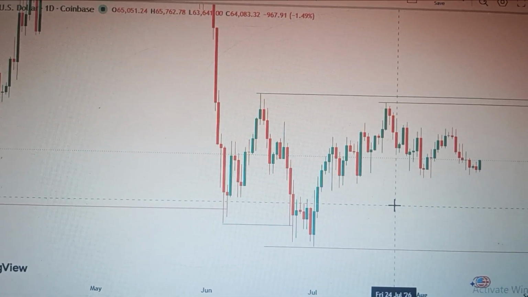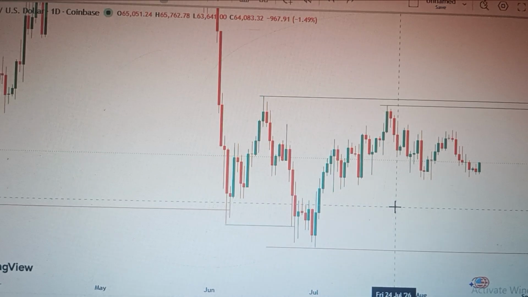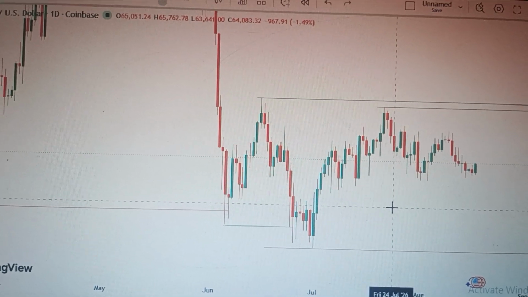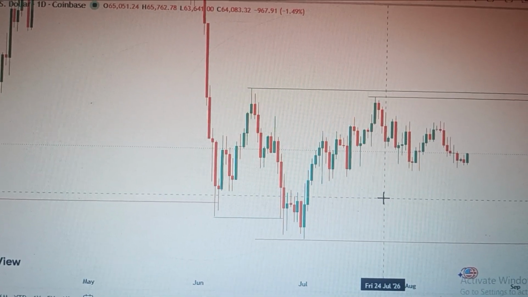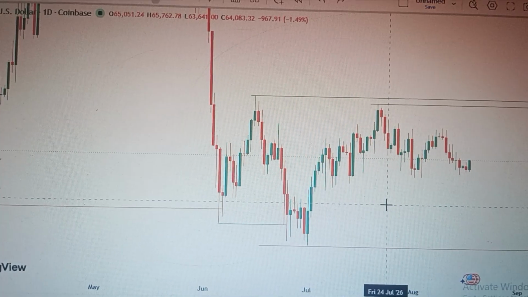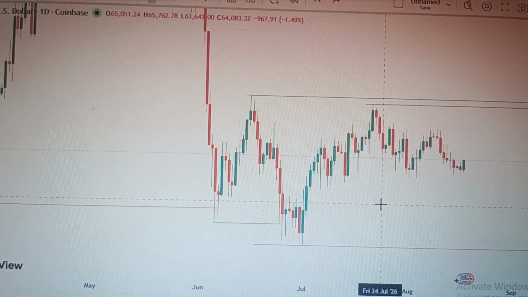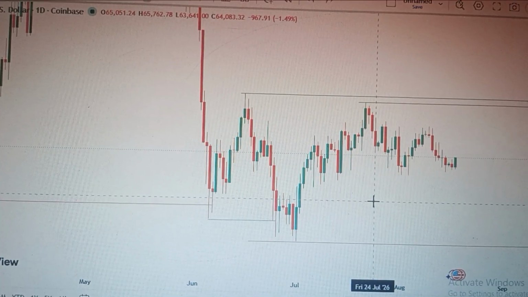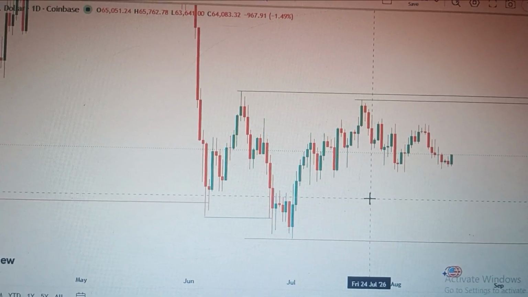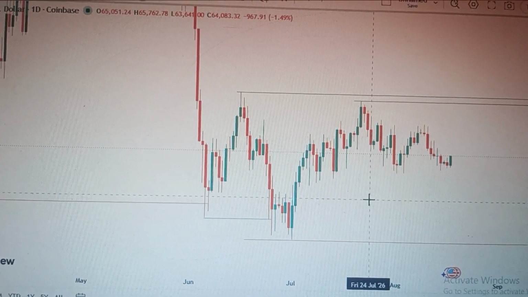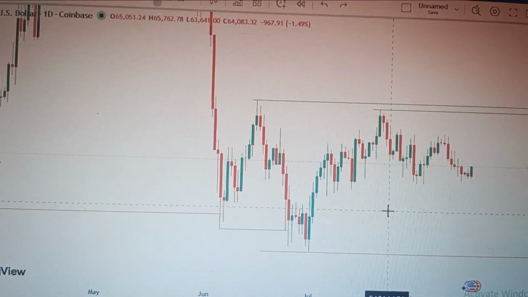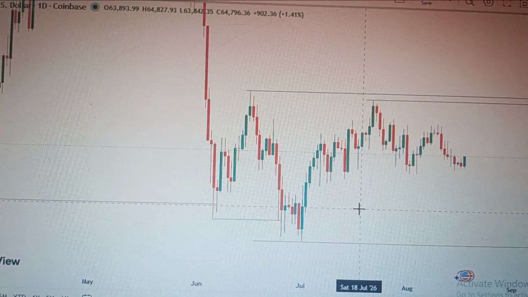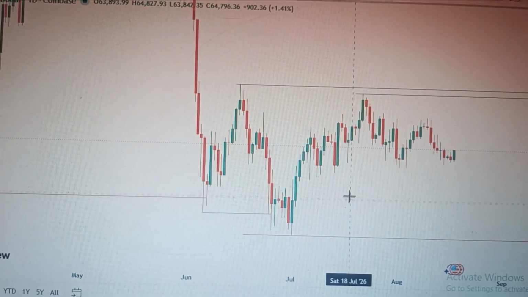Sometimes two individuals who are studying the same pair, one might say the market is bullish, while the other might say the market is bearish. From my point of view, it all depends on how long the trader wants to hold the trade, and sometimes on strategy and different points of interest.